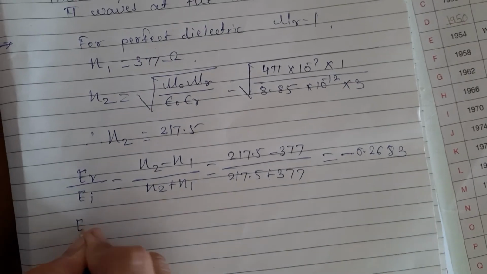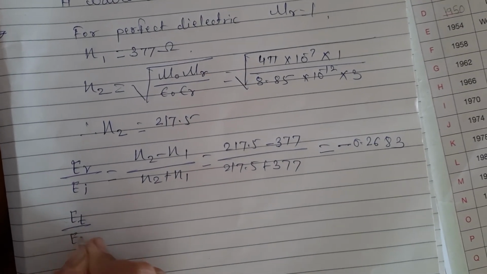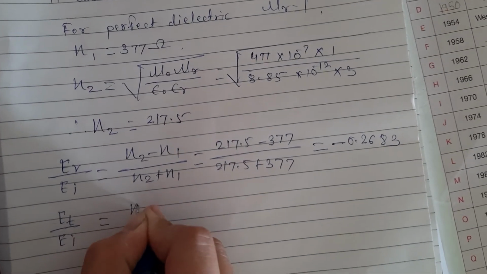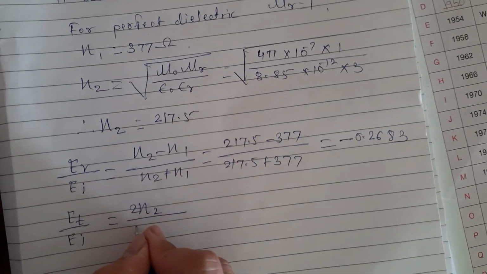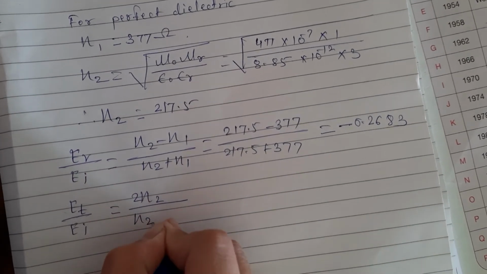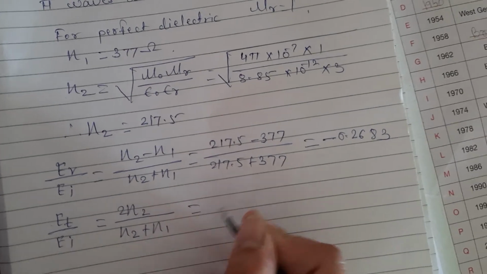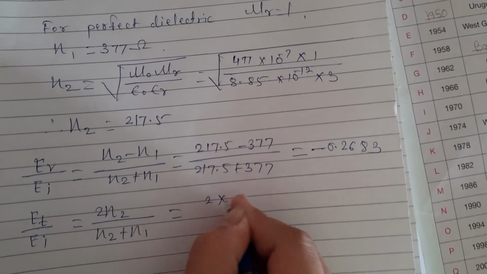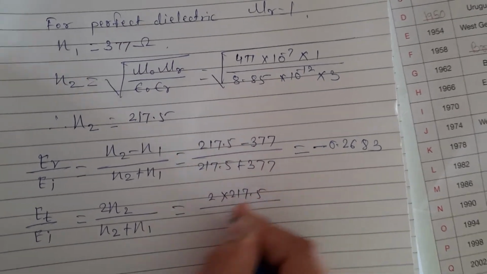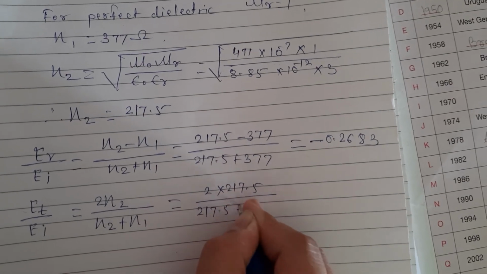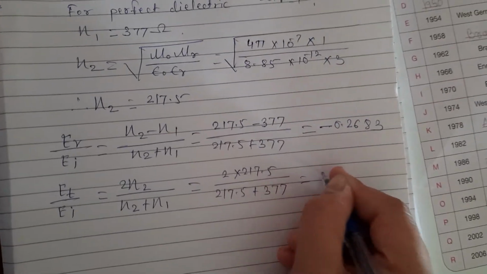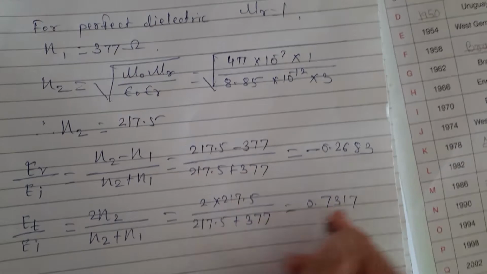Now for the transmitted, ET by EI, the answer for this is 0.7317.